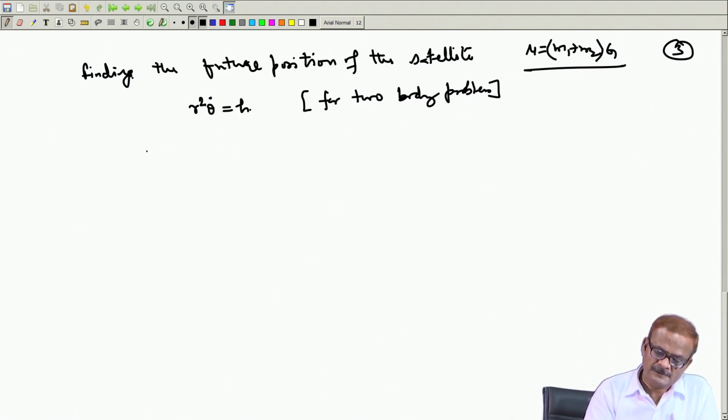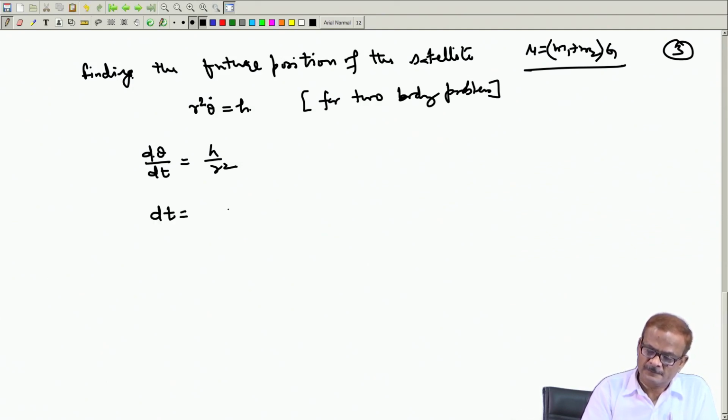So, from this place we can write d theta by dt equal to h by r square, and from here we can see that dt will be equal to d theta r square divided by h, and integrate it from t 0 to t, and here theta equal to theta 0 to theta.